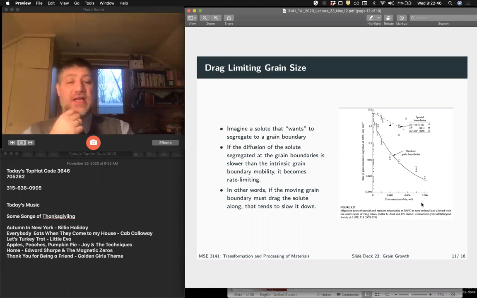Oh, this is already in percent. So 0.006 weight percent, or a weight fraction of 6 times 10 to the minus 5, to give us 4 orders of magnitude in change of the grain boundary velocity, right?